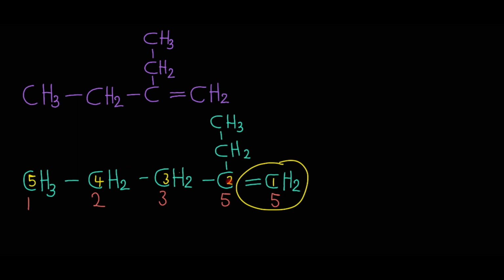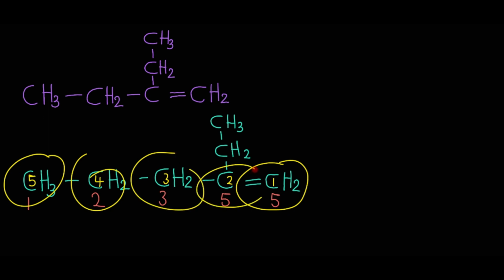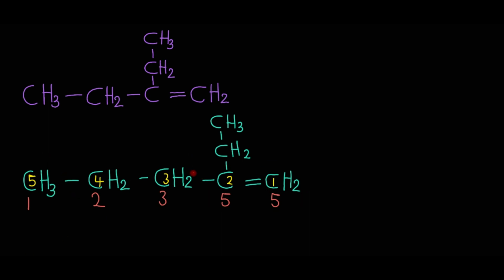Left to right, 1, 2, 3, 4, the double bond is at carbon number 4. So this one is already out. And in the other direction the double bond is late. So the correct naming is moving from right to left.